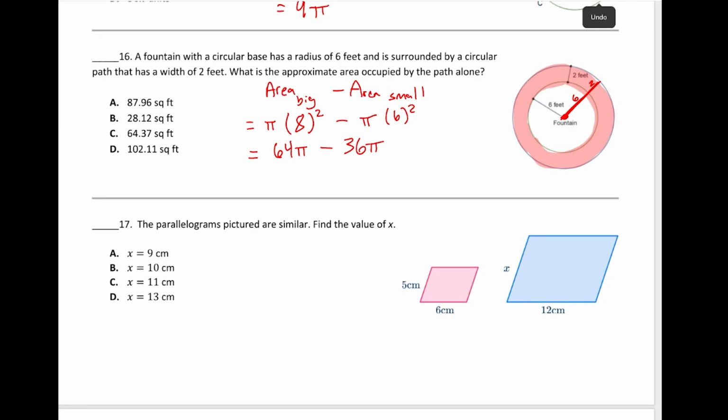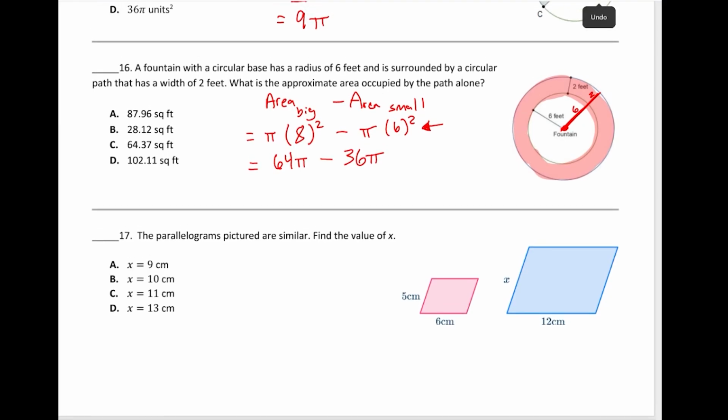Since all these answer choices are rounded decimals anyway, you're probably better off just typing this into the calculator at this step. But if it were in terms of pi, you'd have 64 minus 36, which would be 28 pi. Is that right? Yeah, I think that's right. Yeah, that looks good.